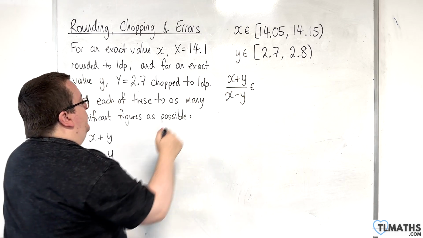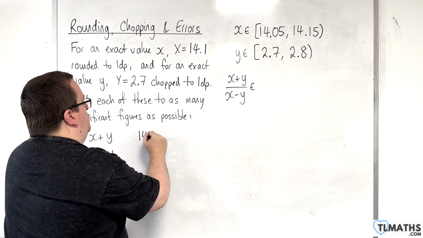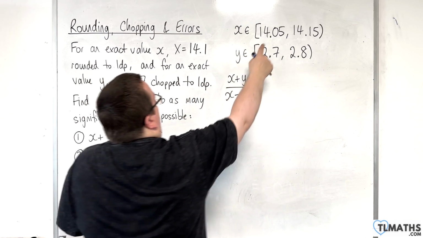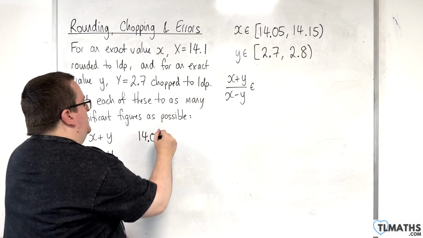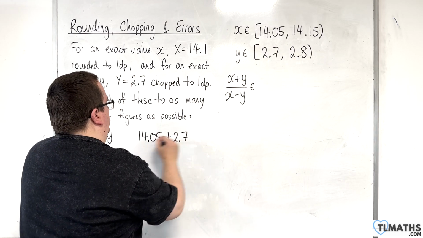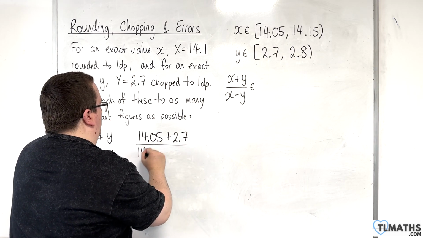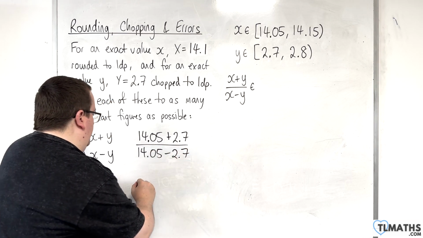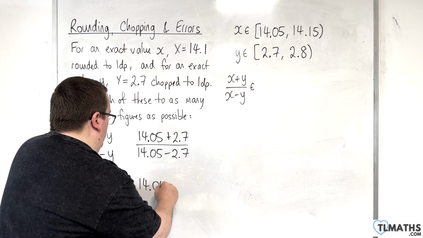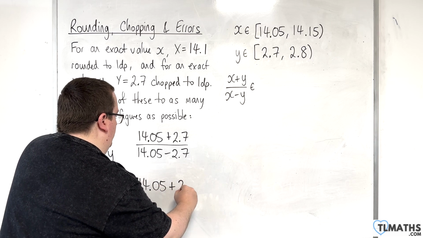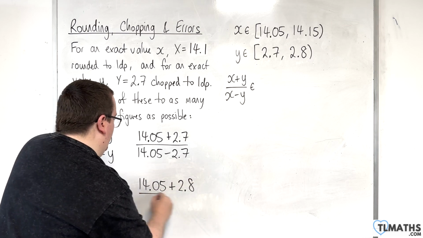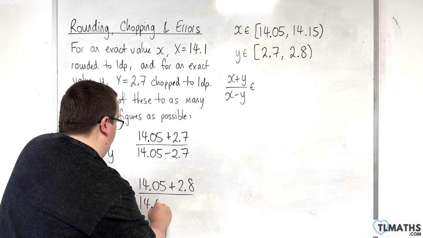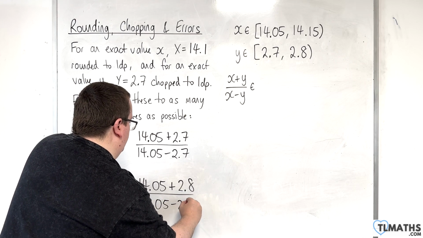So if we start off with 14.05, so smallest value of x and smallest value of y, so plus 2.7 over 14.05 take away 2.7. And then if we try 14.05 plus the largest value of y, 2.8, over 14.05 take away 2.8.